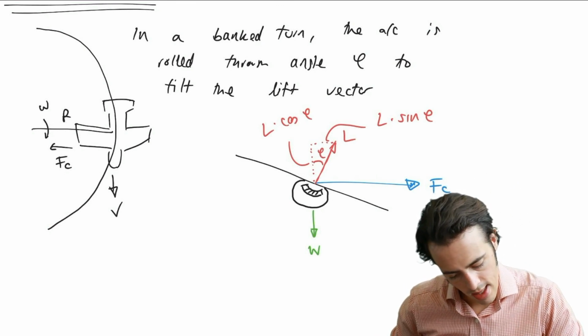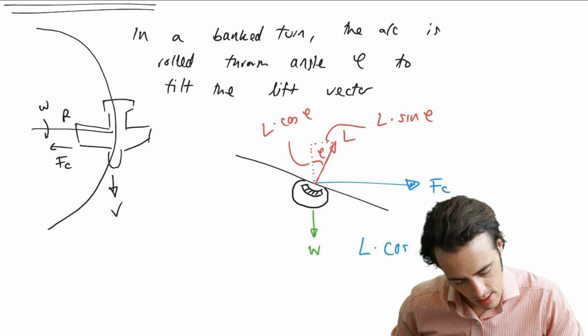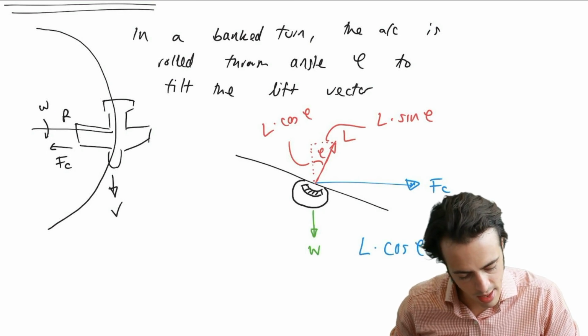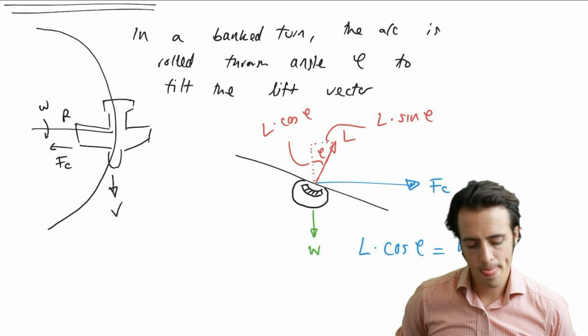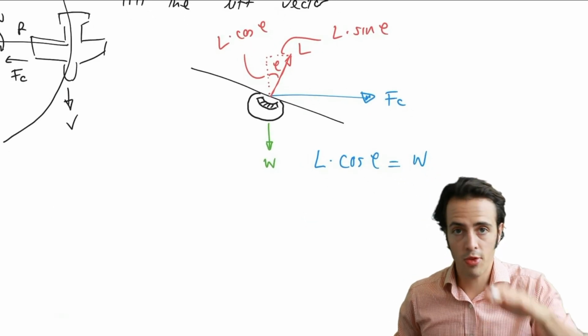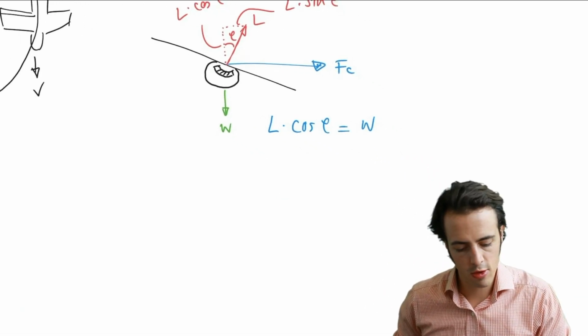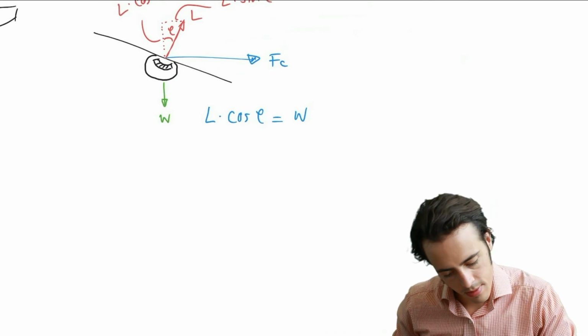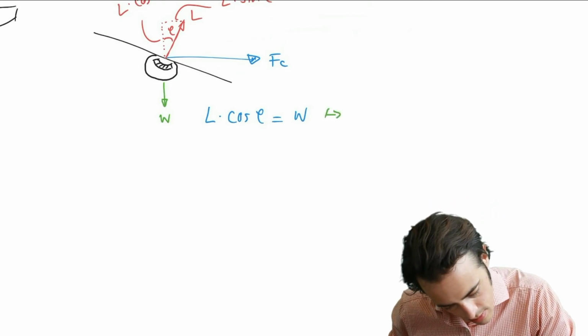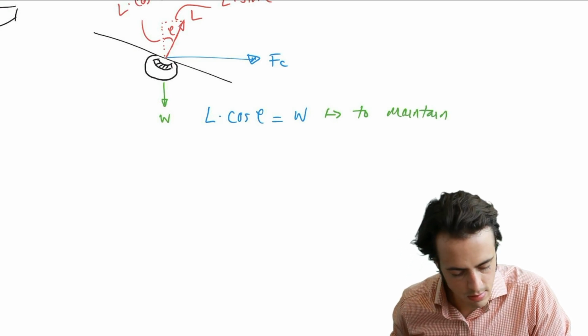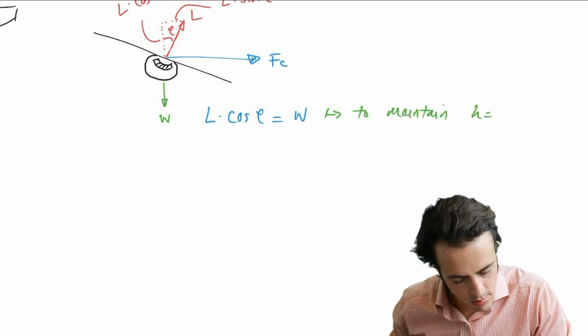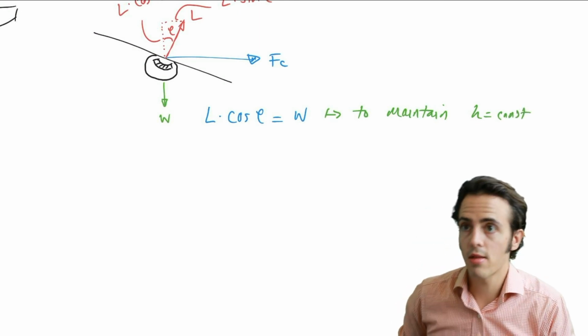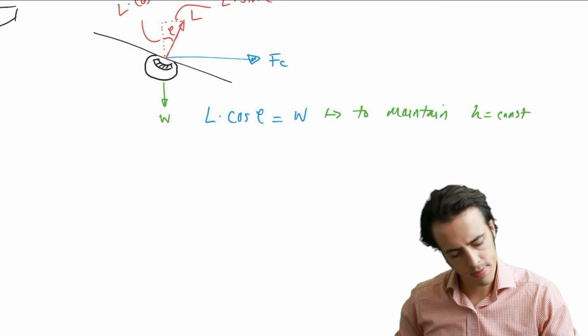And we can see here that L cosine phi has to be equal to the weight in this case. That's what enables the aircraft to stay in the same vertical plane. That's to maintain constant altitude, I've just written.